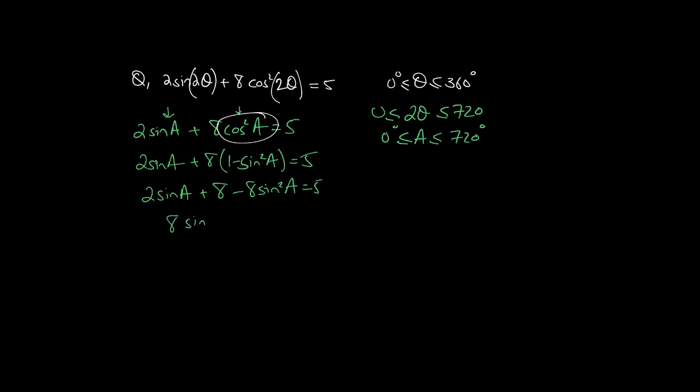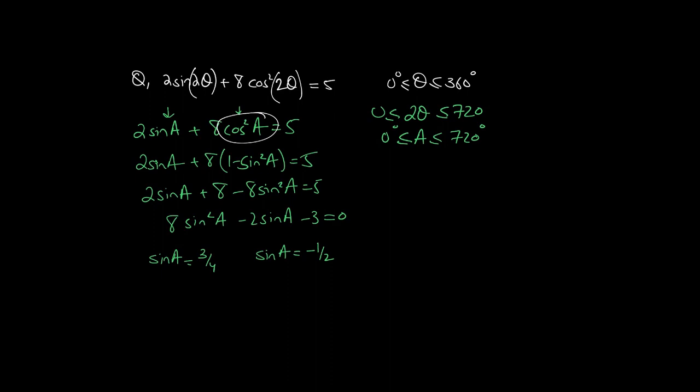Again a disguised quadratic. 8 sine square A minus 2 sine A minus 3 equals 0, and the two values of sine A would be 3/4 and minus half.